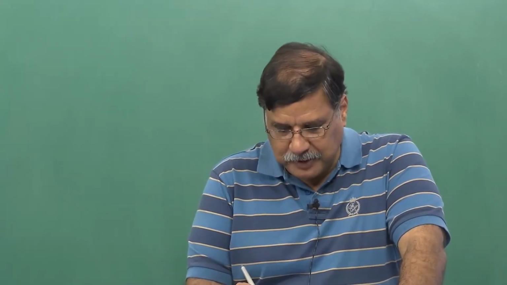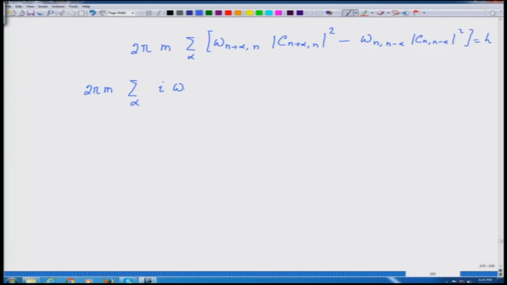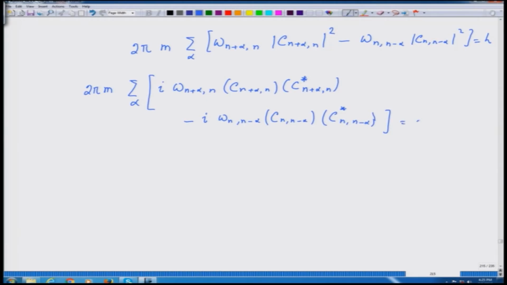So, I am going to write this as multiplied by iω_{n+α,n}C_{n+α,n}, and the other one is going to be the complex conjugate, minus iω_{n,n-α}C_{n,n-α} times C_{n,n-α} complex conjugate, is equal to ih.